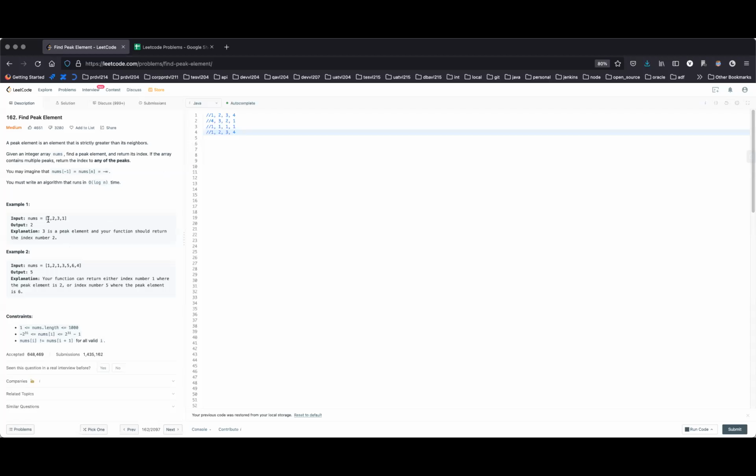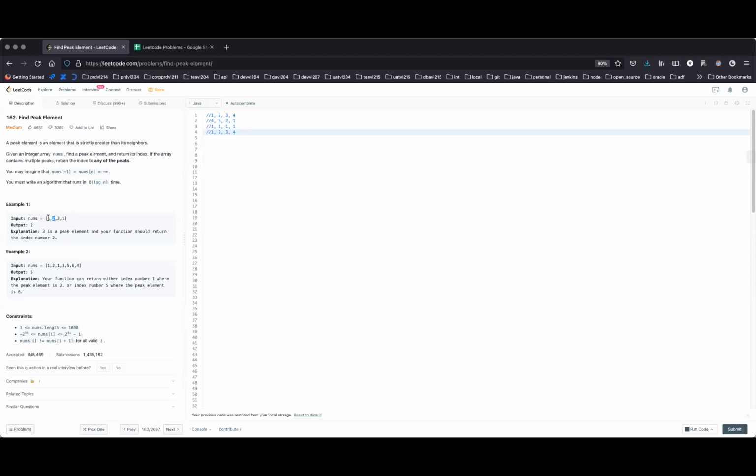And then we already looked at this sample. If you take 1, 2, 3, 1, and take the first element, you don't have any left index, so you just look at the right index. Compared to the right one, this is still lower, so we cannot take this as a peak. Now you can take 2 and look at 1 and 3. Is that really higher? No, right?